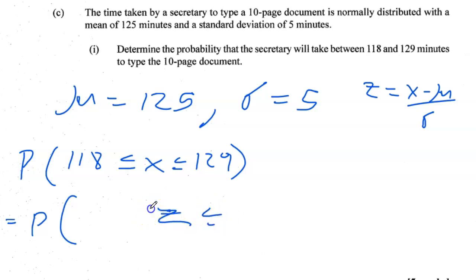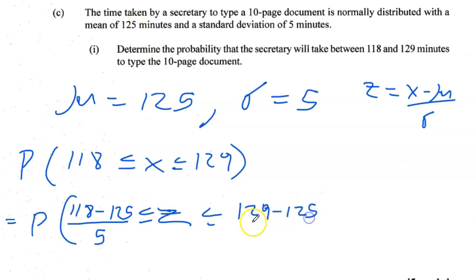For the 118, to standardize it is 118 minus the mean, which is 125, over the standard deviation, which is 5. And to standardize the 129, that's 129 minus the mean, which is 125, over the same standard deviation of 5.